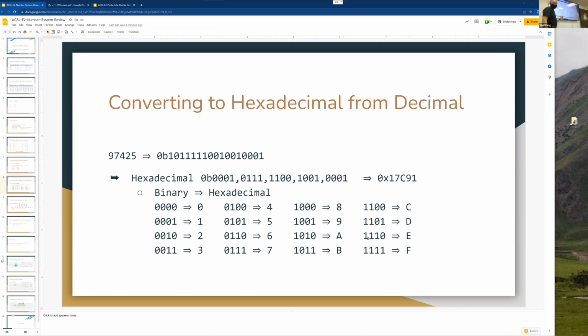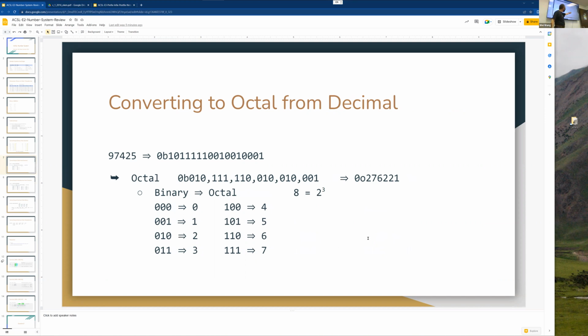This is also the same number as we have above, right? This is the same decimal number, converted into the binary number. So if we have a question to convert this octal number 276221 into hexadecimal, the easier way would be to convert this into binary with this conversion table.